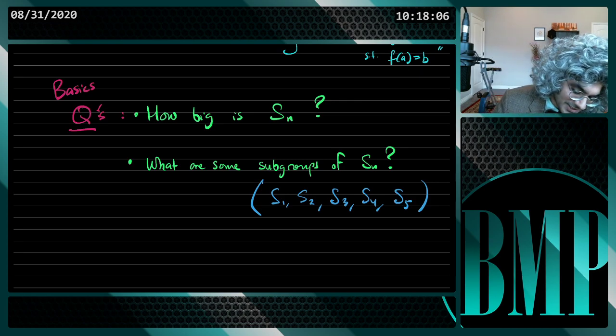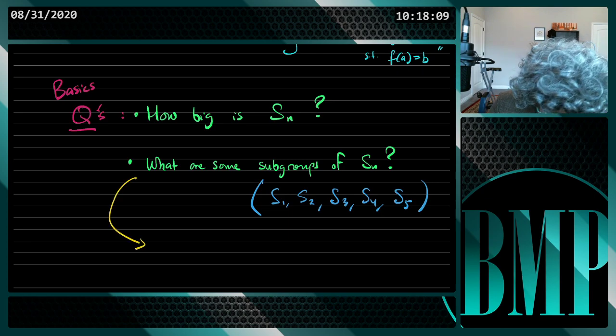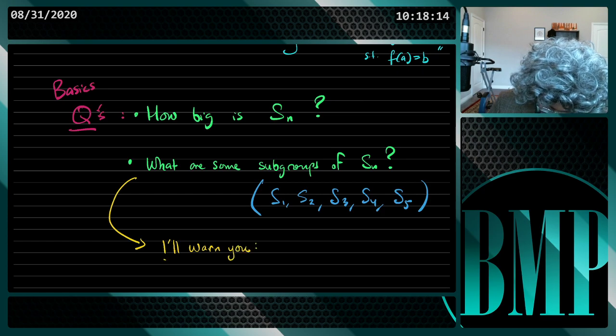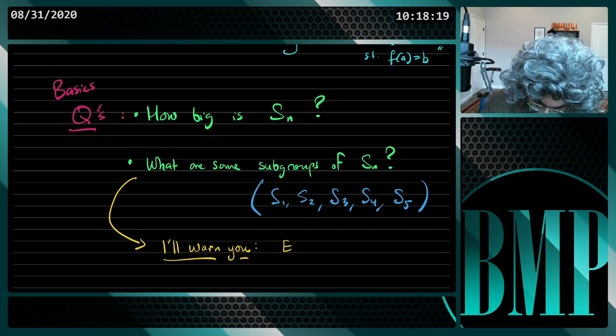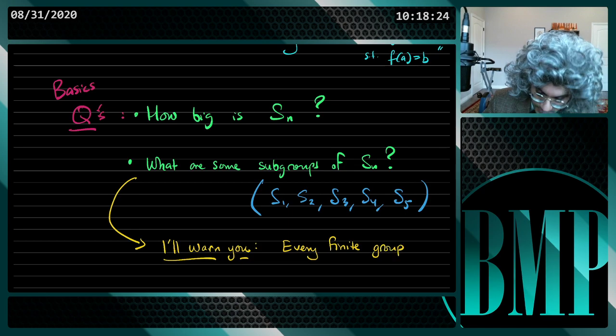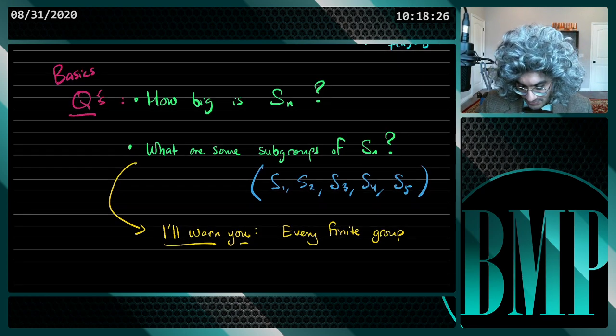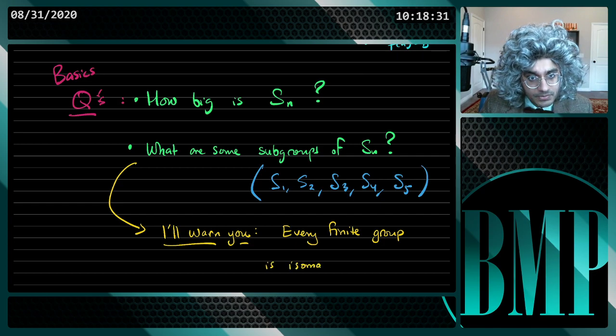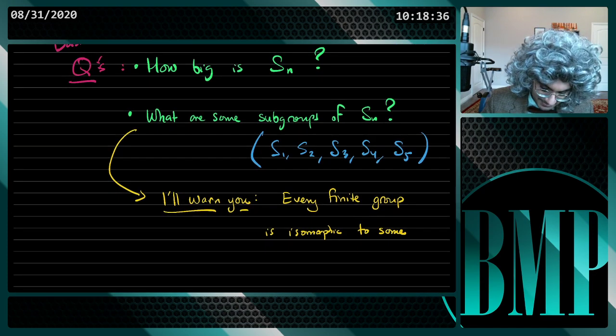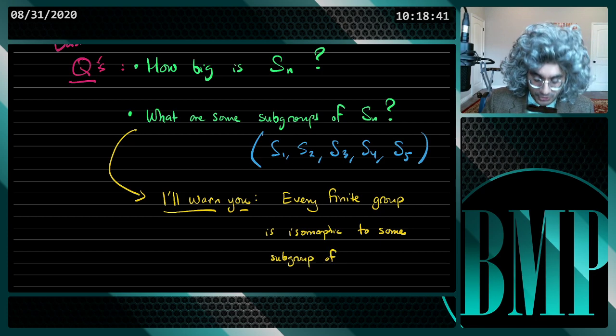The reason why this is a fascinating question is, I'll warn you, this will be shocking to anybody who hasn't seen this before. Every finite group in the whole universe, every single one, is isomorphic to some subgroup of some symmetric group.